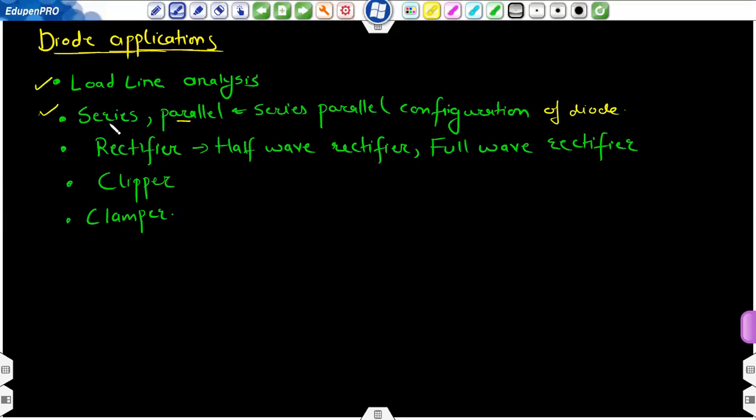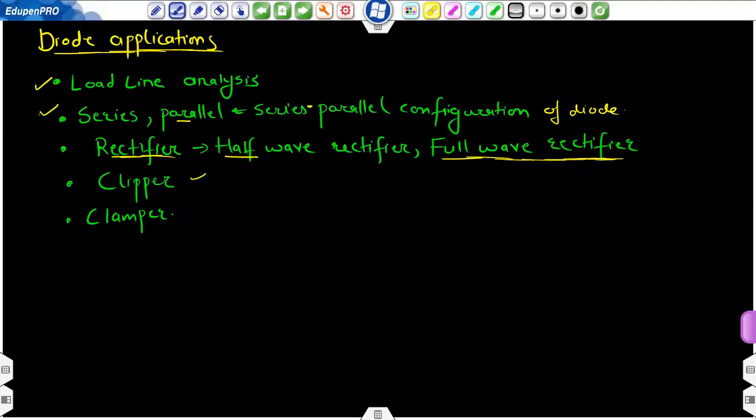If the diode is in series or in parallel, or we have both a series-parallel combination in the circuit, how to solve this. After that, rectifiers. In this we will study the half wave rectifier and the full wave rectifier. Rectifiers are used for AC to DC conversion. It is a part of an AC to DC conversion circuit.